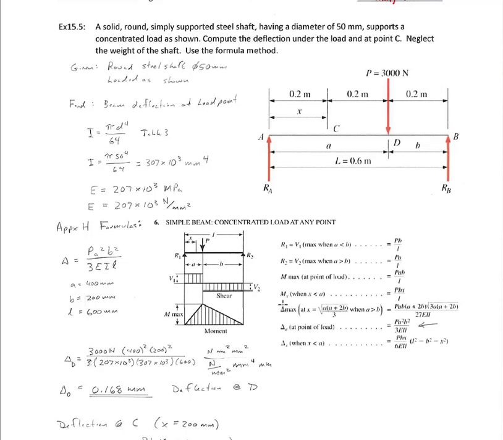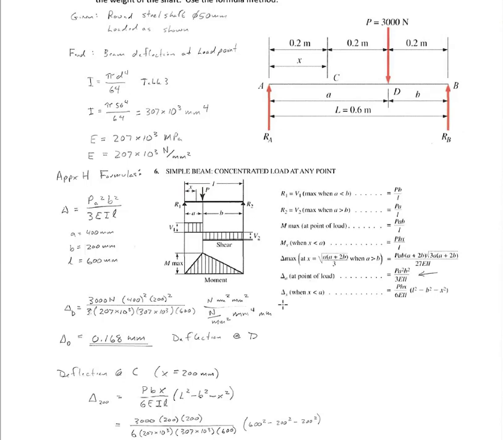Okay, so then, since we're using the formula deflection, we go to Appendix H and find the beam that looks like our problem beam is loaded. Okay, in which case it's a simple beam, and it's beam number 6 or case number 6 in the formulas in Appendix H. From this, our first one is that's this delta here.